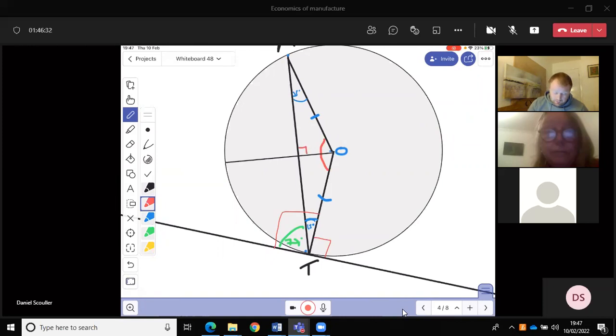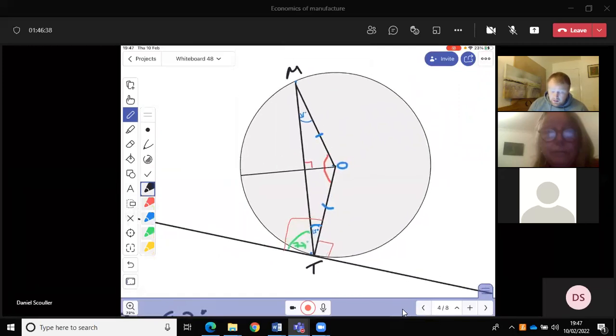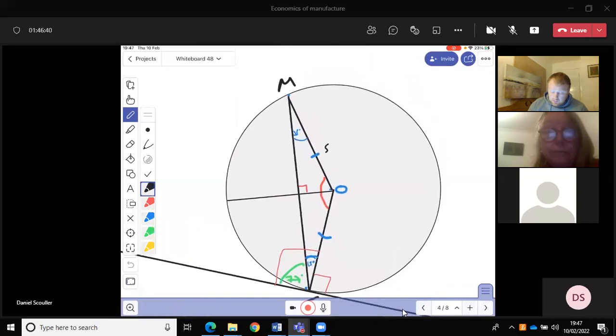Now what have I got? Well, the question tells me that the radius is 8 centimeters. I know line OM is 8 centimeters. OM is a radius, or MO, whatever you want to call it. So that line there is 8 centimeters. That line there is the hypotenuse to the right angle triangle that we've just created.